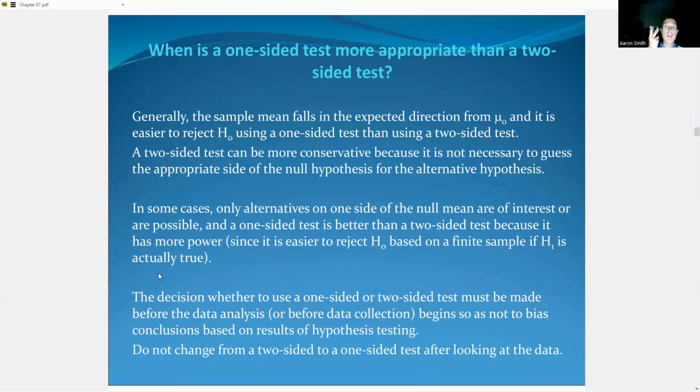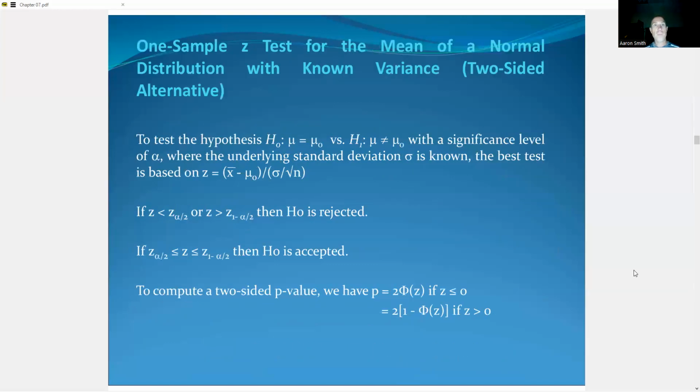Because of that doubling of the p-value, you could notice, oh, my p-value is 0.07 from a two-sided test. Well, if I was to do a one-sided test, that would be statistically significant, but two-sided is not. So someone who's unscrupulous could look at the data and then go, hey, I'm converting over to a one-sided test to get the results I want. Don't do it. Don't do it.